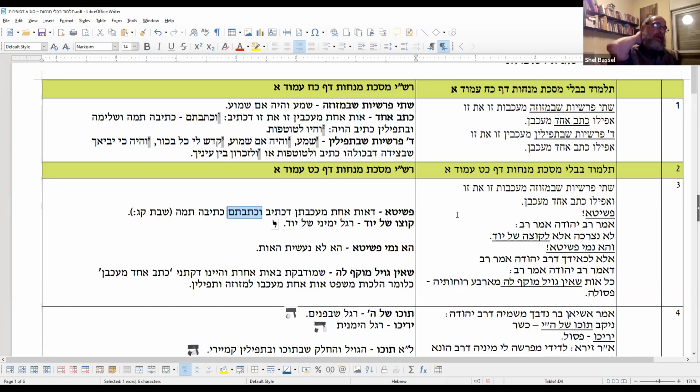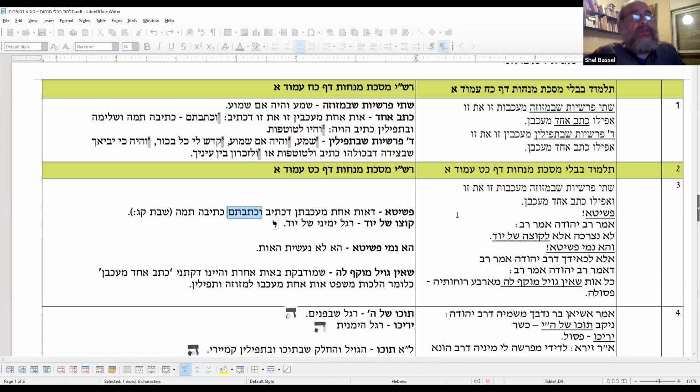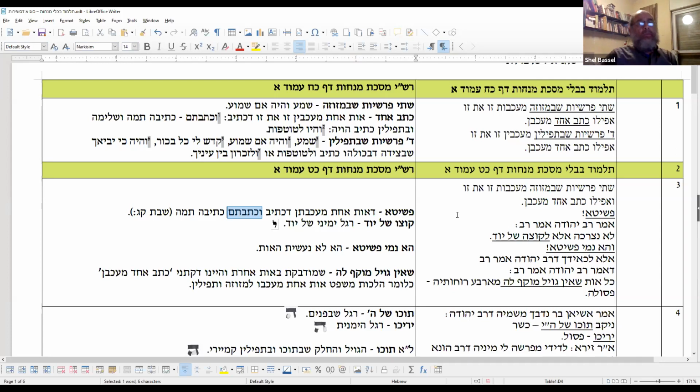And so it's saying, I don't need the Mishnah to tell me that if the mezuzah is missing a letter, that it's pasul. Obviously, it's going to be pasul because it's not whole. So what could the Mishnah possibly mean?